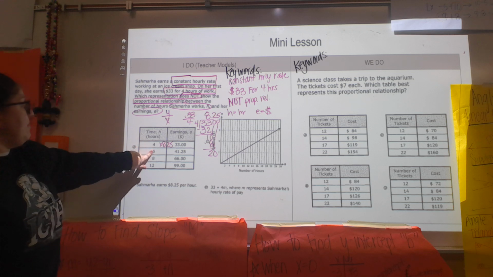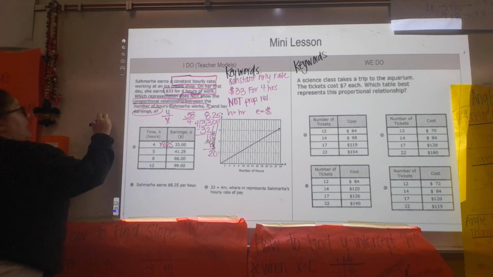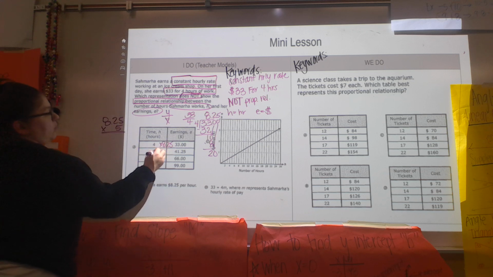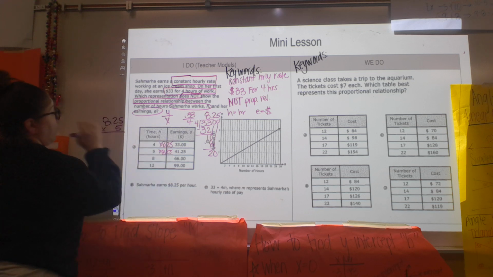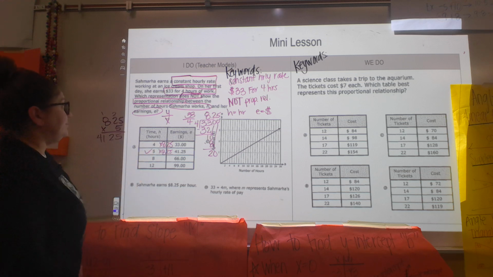Let's see if that works for this one right here. We have 8.25 and we have to multiply that by 5. That's the pattern that they want us to do. So 5 times 5 is 25, carry my 2. 5 times 2 is 10, plus 2 is 12, carry my 1. 8 times 5 is 40, plus 1 is 41. That works out.